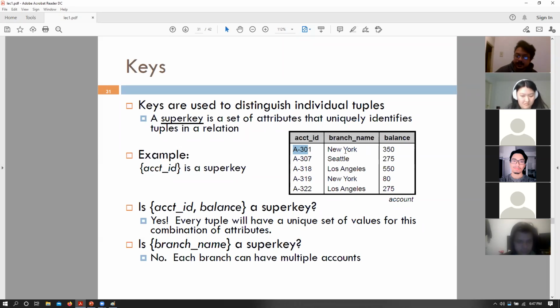So if I say that account ID, branch name, and balance all together would make a super key, am I correct or am I wrong? Using these three attributes, can I say that I can identify every tuple uniquely?